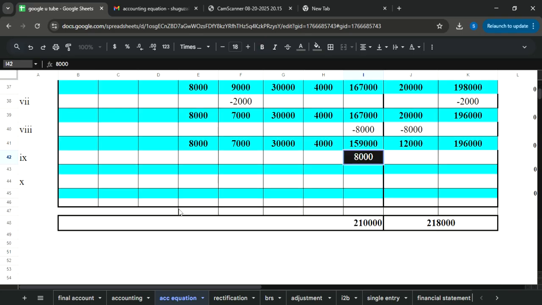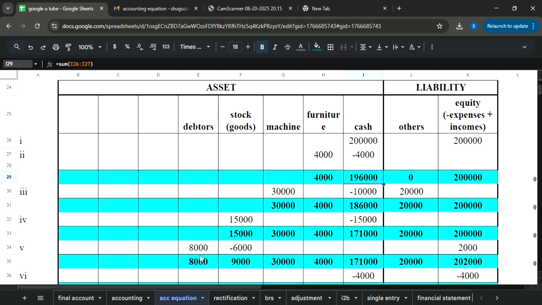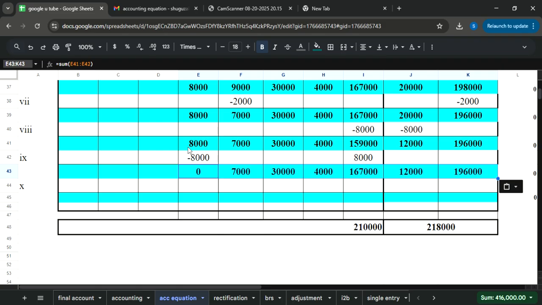On the other hand, please note, Najam was a debtor. Now we have received cash. He is no more a debtor, no more receivable. These were debtors, and we have received cash. So you will subtract from debtors. Once again, I'm telling you, the amount receivable was 8,000. Now we have received, so it means he will not be considered our debtor. Minus 8,000. After completing this entry, we are supposed to take totals, which we have taken. This was entry number 9.